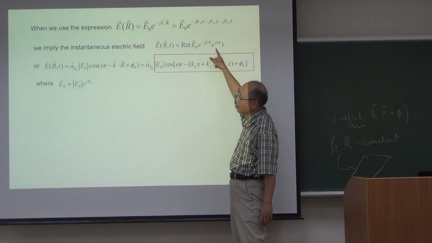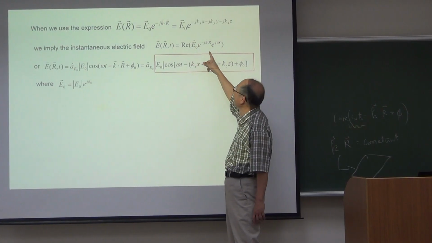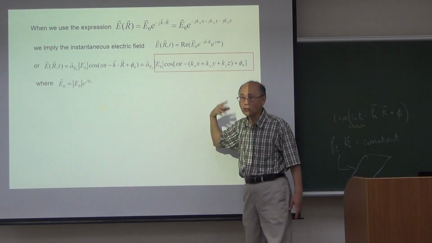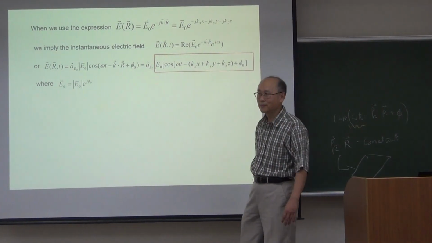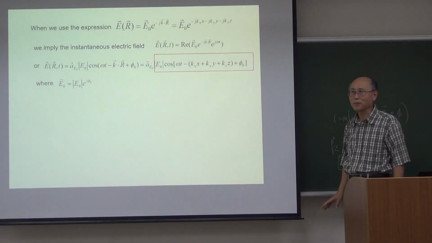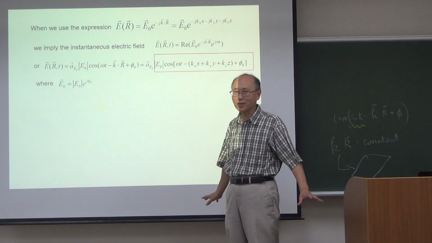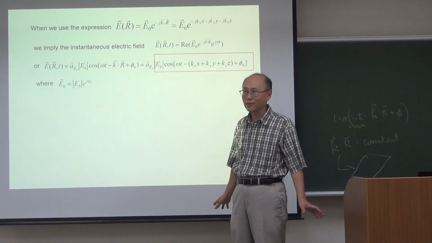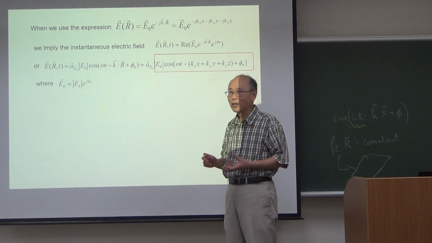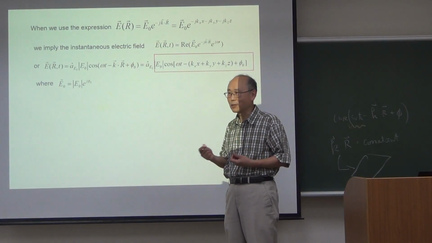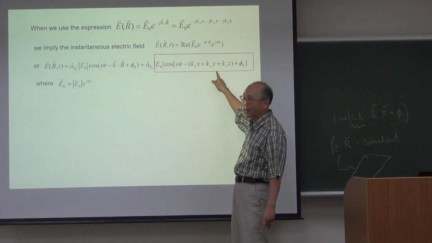So the process is that once you have this phasor solution, you multiply it with exponential j omega t, and then you come back to your real life. That's it. Okay, so this is some sort of process or steps we have in our life, right? We have some abstract thinking, and then we have a tool to get a solution, but then we have to go back to reality.